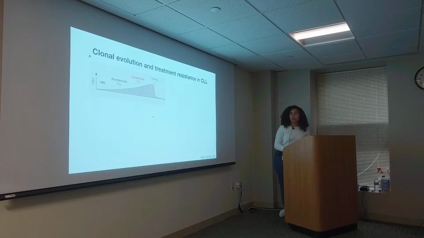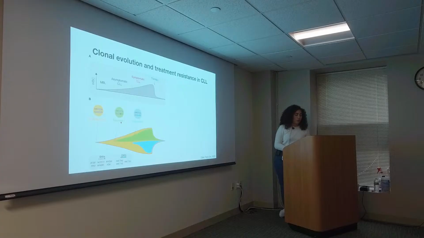And if we see it from a molecular point of view, we can see the founding clone here in yellow. All of the clones of this CLL will have this yellow mutation in a random gene. Then as time progresses, further subclones can originate.